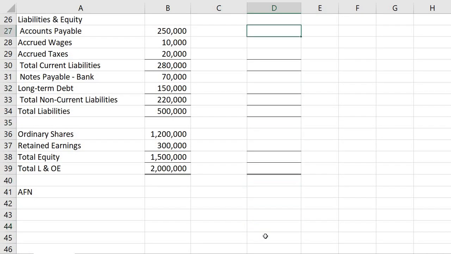So the same also with your assets, hindi lahat ng liabilities will spontaneously increase with your sales. So, dapat ma-identify natin what specific liability account will spontaneously increase kapag nag-increase ang ating sales.